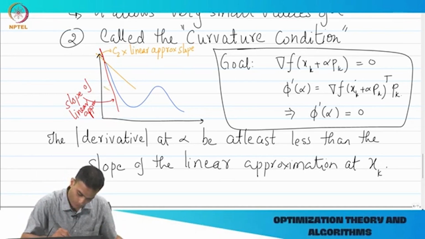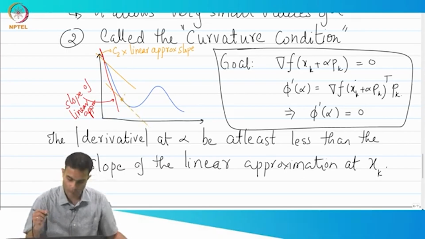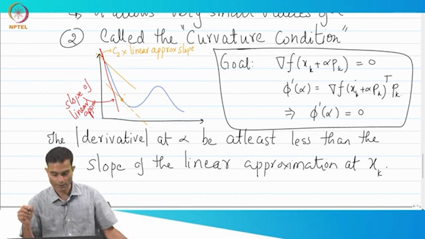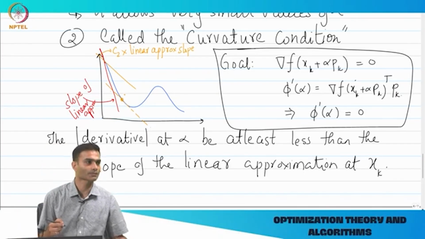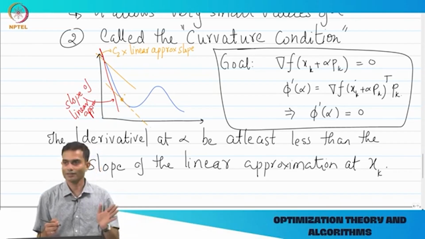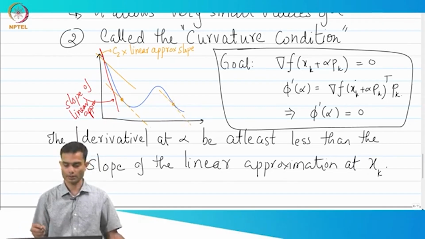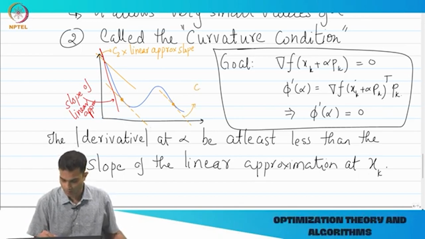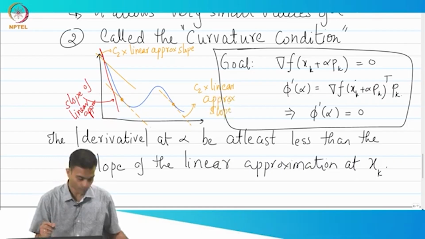For example, this is one place, right? Is there another place on this graph where the slope is equal to C2 times the linear approximation slope? Yes, right, further to the right. So somewhere over here, C2 into linear approximation slope.